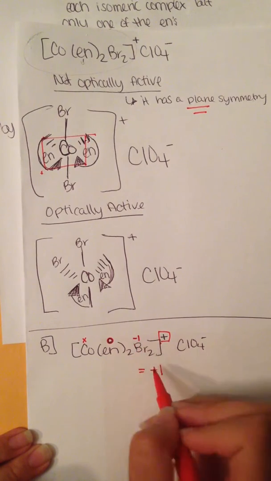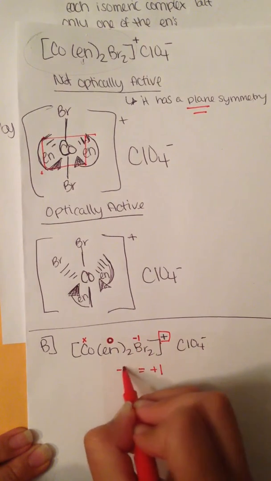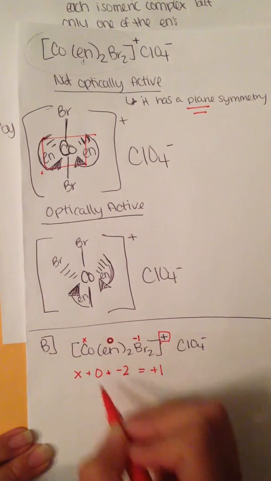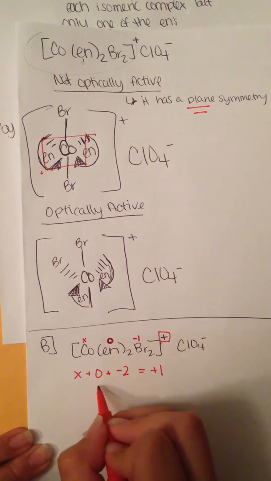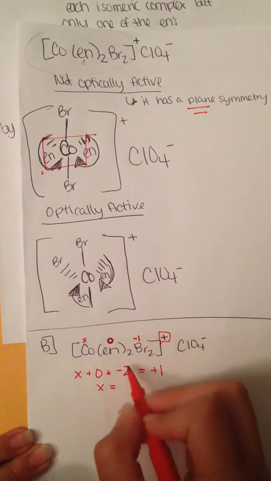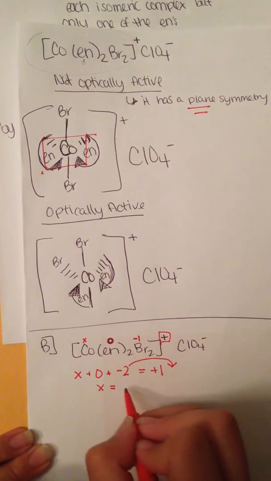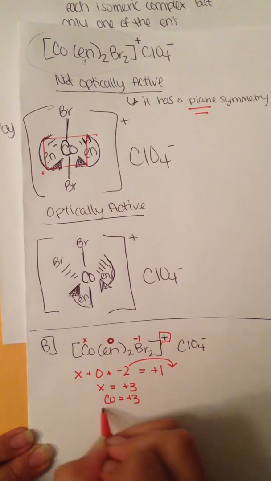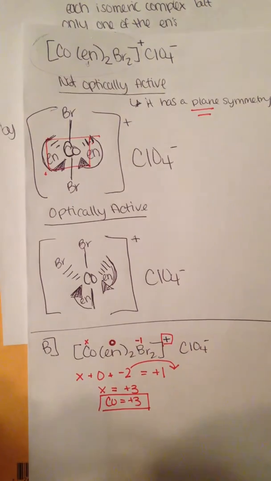This is -1, and there's 2, so that's -2 plus 0 plus X for cobalt. So X is equal to, let's move this over here, +3. So cobalt is equal to +3. That is its oxidation state.